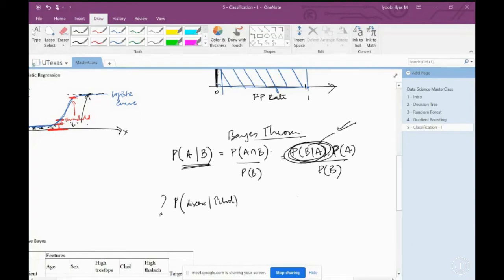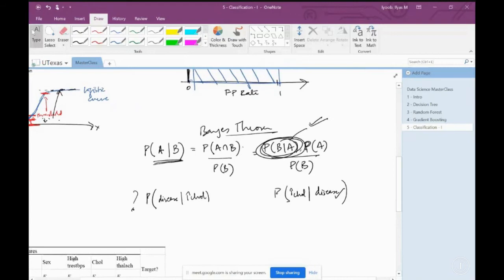But if I am able to look at the data and tell, of the people that had the disease, how many of them had high cholesterol? So we're looking at the reverse. We look at all the people that had the disease, and then what proportion of them had high cholesterol.